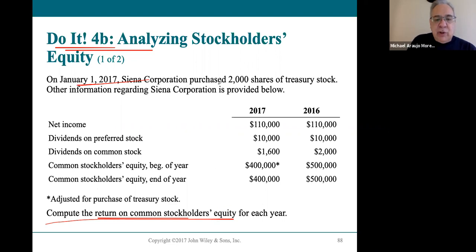They purchased 2,000 shares of treasury stock at the beginning of 2017. Here they have net income, their dividends on preferred, dividends on common, and then the beginning and ending common stockholders' equity. And they want you to compute the return on common stockholders' equity.